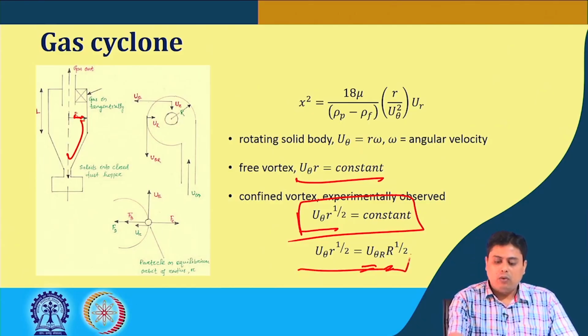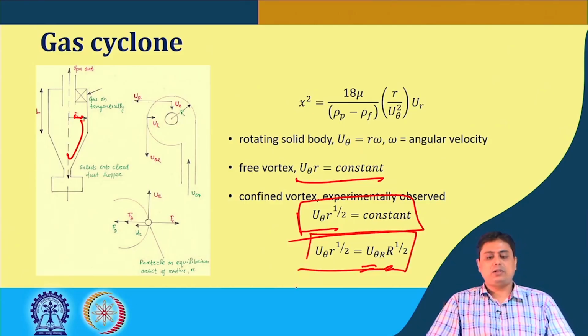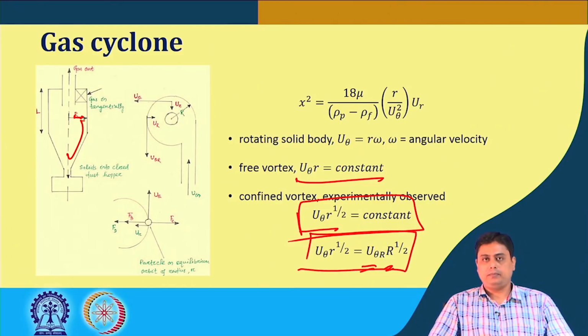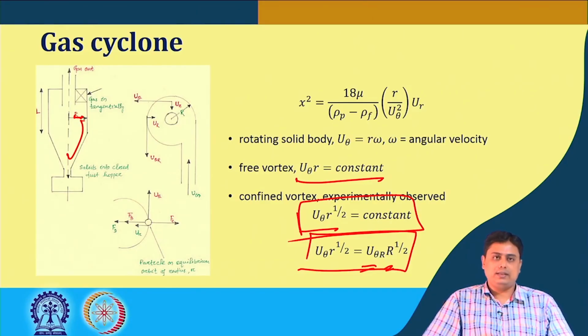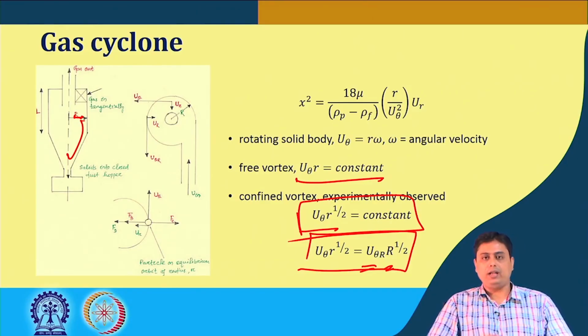So, now we have an expression for u theta in some known quantity, because u theta R is basically a design parameter. It comes from the design of this cylindrical section and the operating condition, as well as capital R is known from the design parameter.